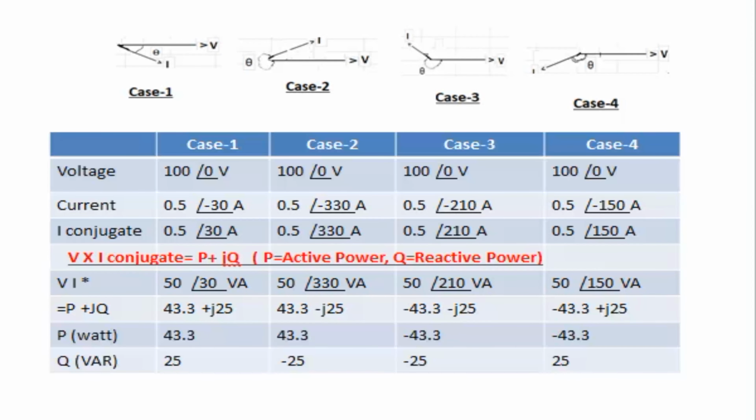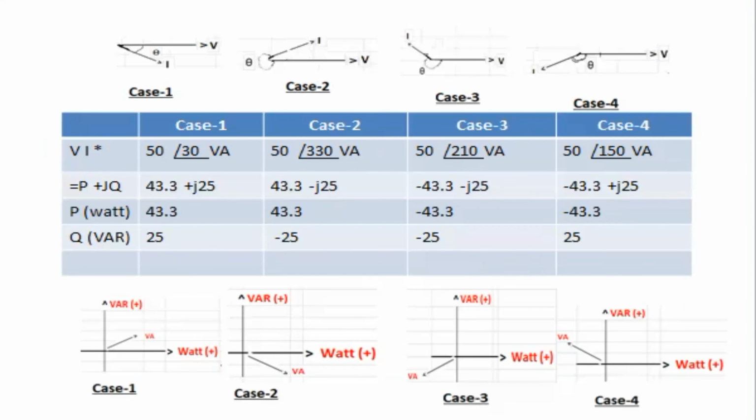The real part is called watt, the imaginary part is called var. First case is in the first quadrant, watt is positive and var is positive. In the second case, watt is positive and var is negative, so it falls into the fourth quadrant.